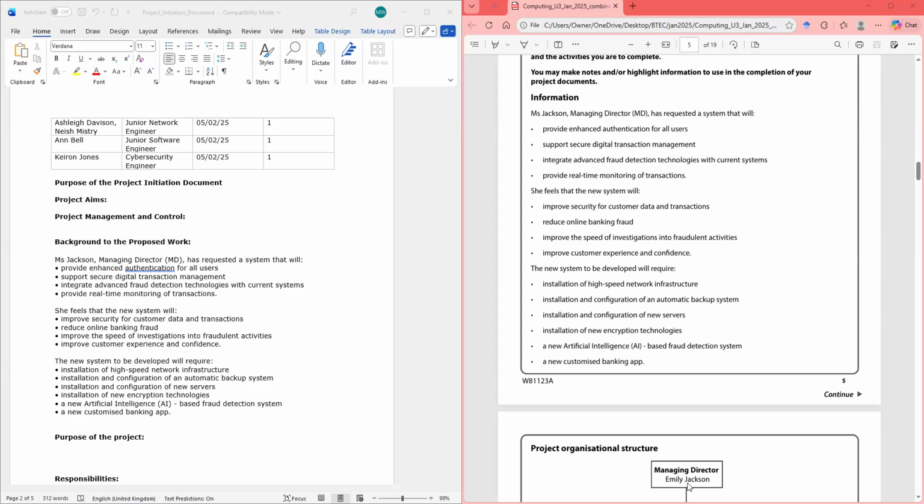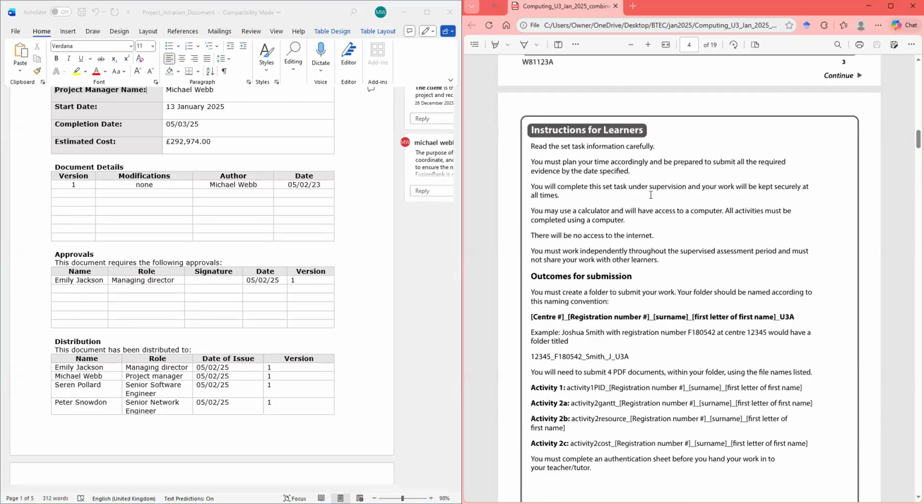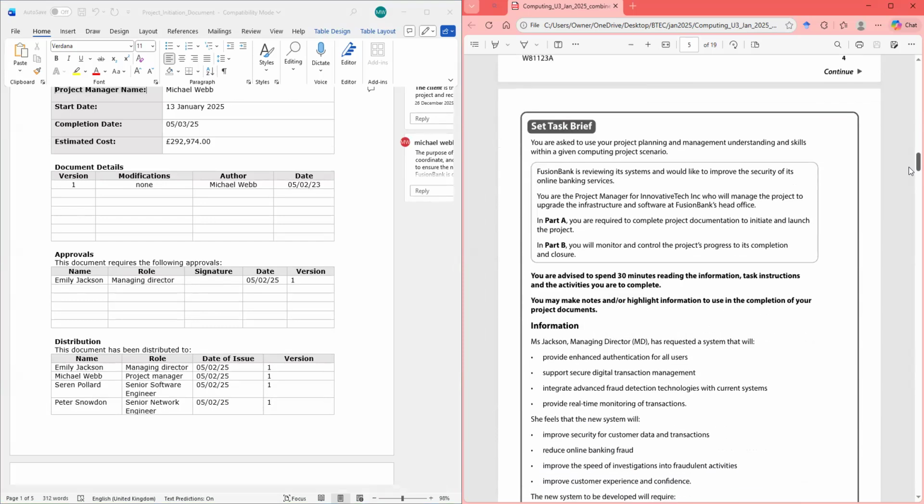That's what they're trying to do. And it's all there. So all you have to do when you're doing this is you just read the set task brief and just copy it.